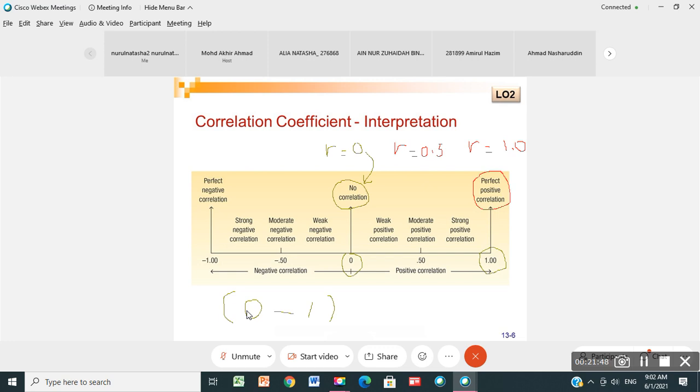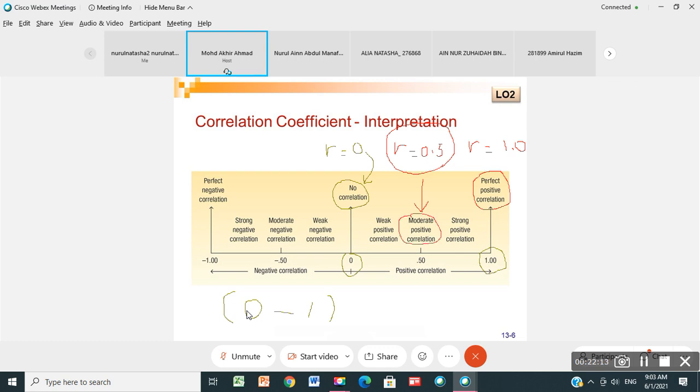So what happen in case we get R equal to 0.5? Kita dapat value dia macam ni. So what is the interpretation? Moderate positive correlation. Good. So they mean indicate moderate positive correlation.